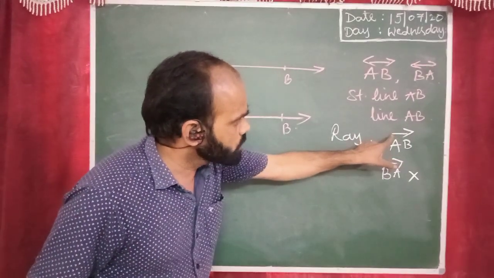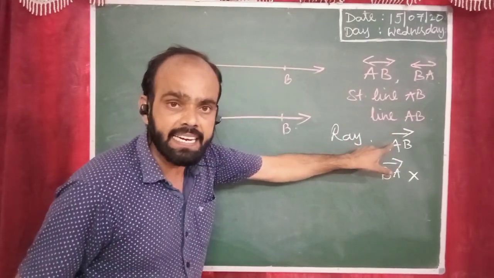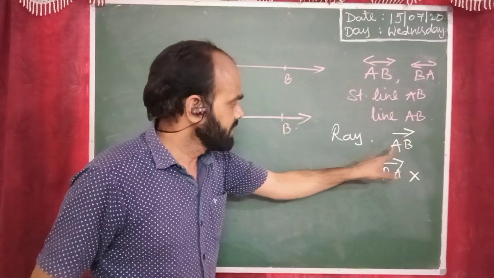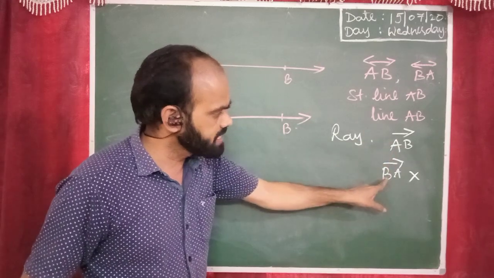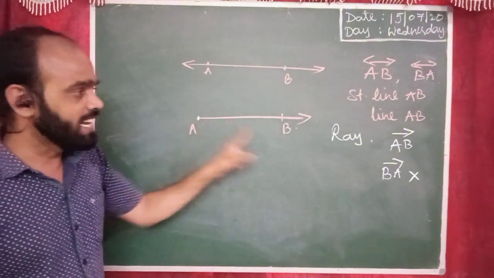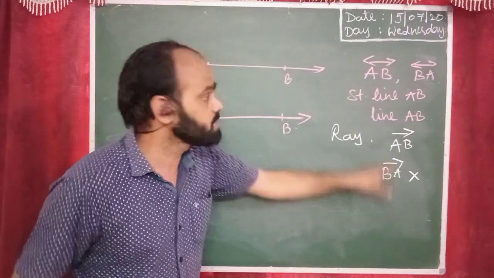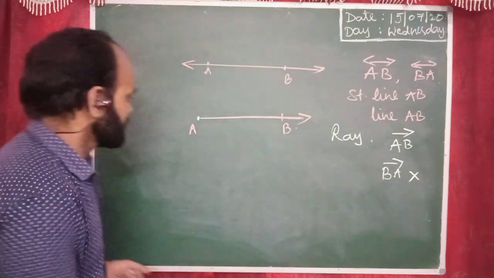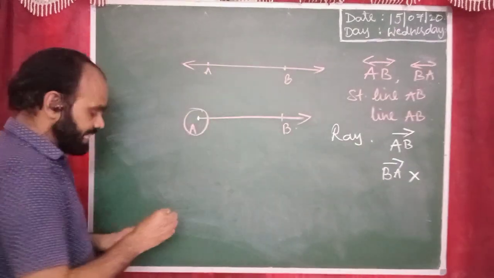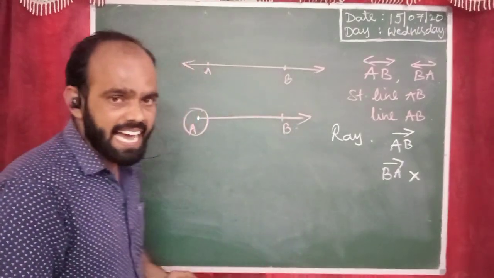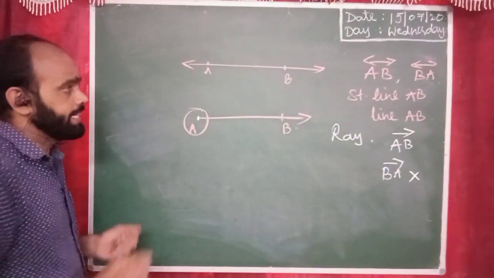The meaning is that this ray is starting at A and approaching towards B or beyond B. What is the meaning of the other one? That is starting at B. But this is actually starting at A. So AB ray is not the same as BA ray. But in the case of a straight line, that is the same. I guess all of you understand. And this point is called the initial point. We call this A the initial point.